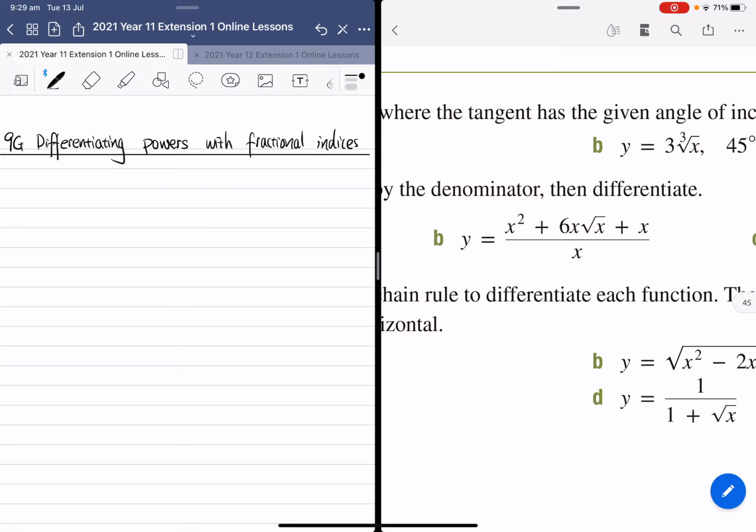If you see a fraction like this one, you do have another option which is the quotient rule, but usually the quotient rule is much harder to deal with. For this one, it's just easier if you divide every single term by x. Eventually, you are going to get fractional indices, and so you use the same method to differentiate it. So let's start with this question here.